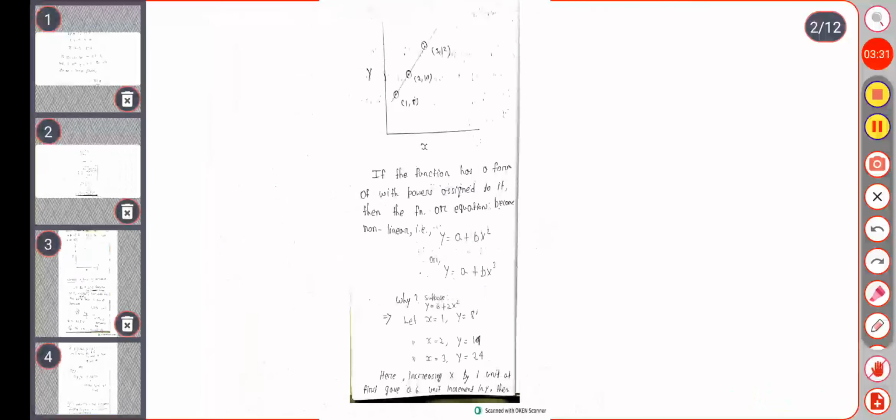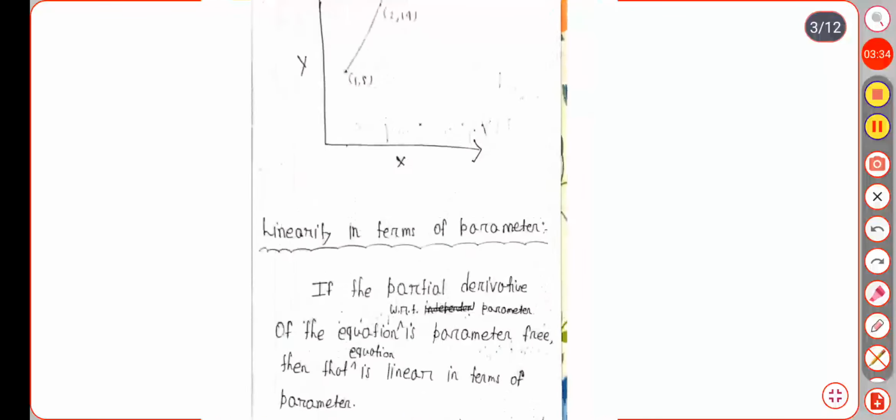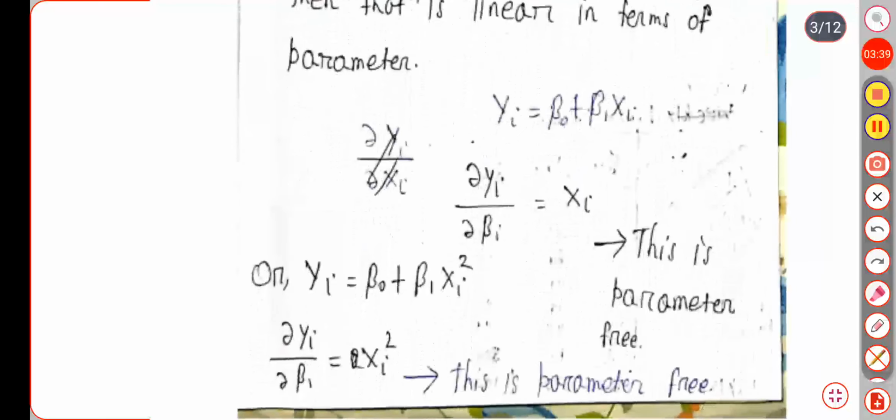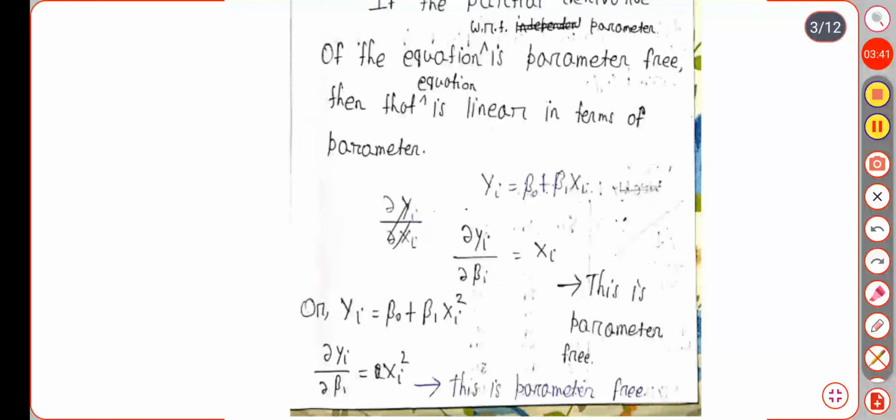If we take the partial derivative of the dependent variable with respect to the parameters, what are the parameters? The parameters are beta 0 and beta 1, or you may take beta 1 and beta 2. The denotations don't matter at all.